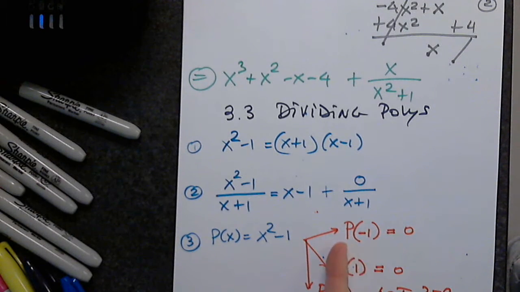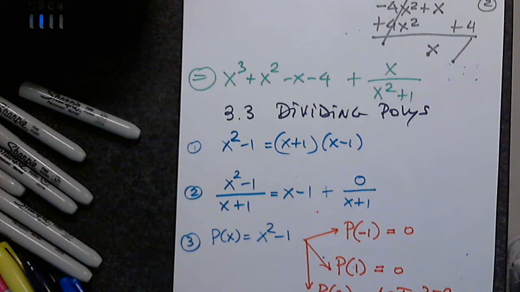Why, when I replace in p of x, when I replace x by negative 1, I get 0. When I replace x by 1, I get 0. And when I replace x by 3, I don't get 0. Because the negative, when you square it, becomes a positive. Right, but that's what the polynomial says. But what do you think? What do you think happens here? Beyond just the implication that when I plug in and I square and I subtract, I get something else or I get 0.